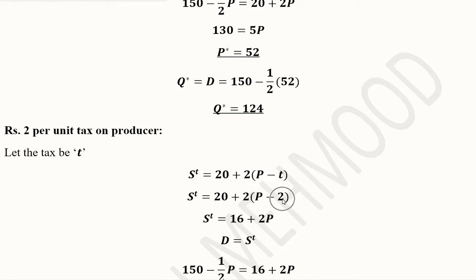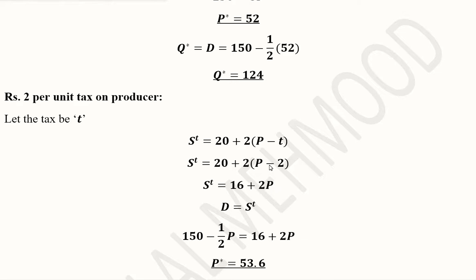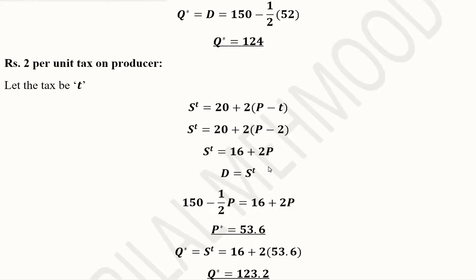So we now write 2 as the amount of tax, and it is being deducted from the price that the producer is going to receive, because he has to pay the tax. So the price that he can keep is not the same price, it will be 2 deducted from the price that he received before. Now 16 plus 2p will be the answer of this simplification.